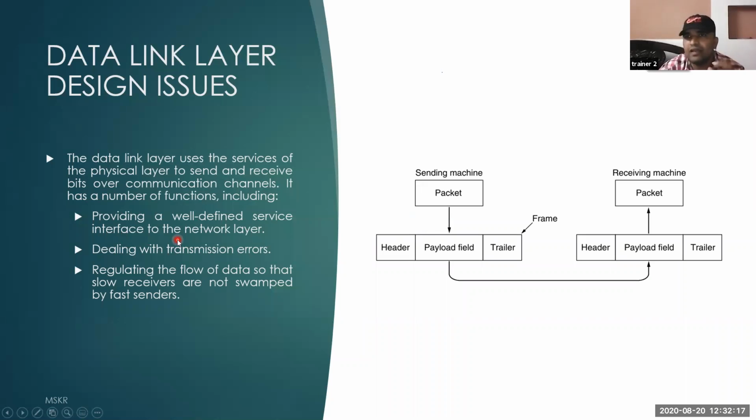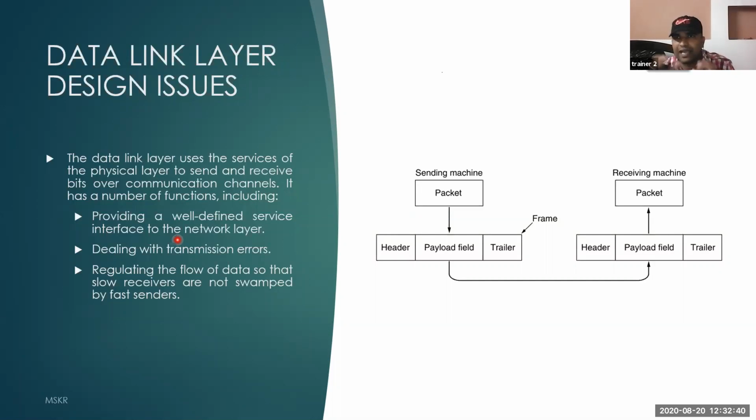That means, we, as the data link layer, are clearly defining certain things to the network layer: you give me some information and some inputs, I will do the task. Don't worry about how I am doing the tasks. That's what we tell the network layer.